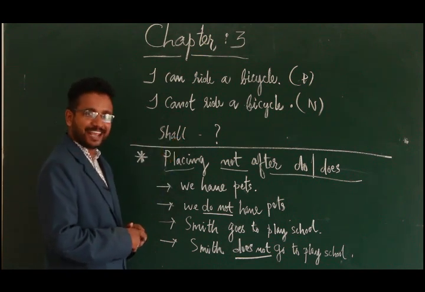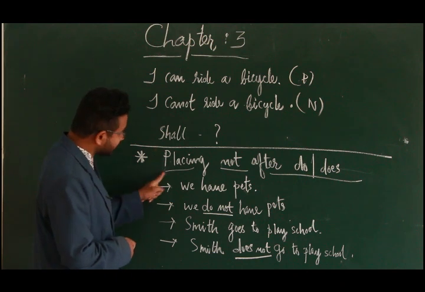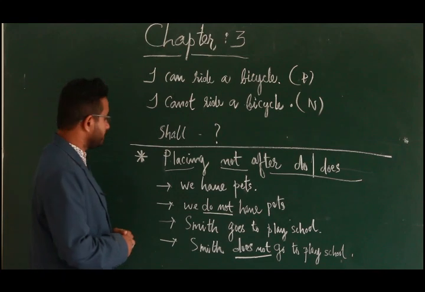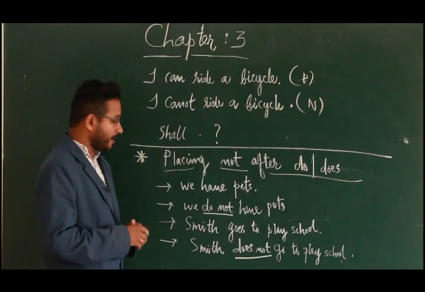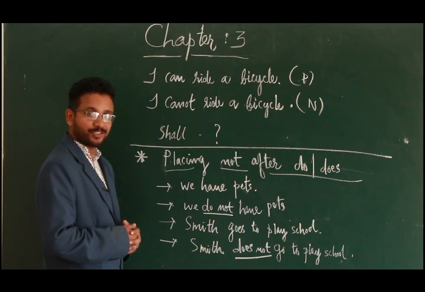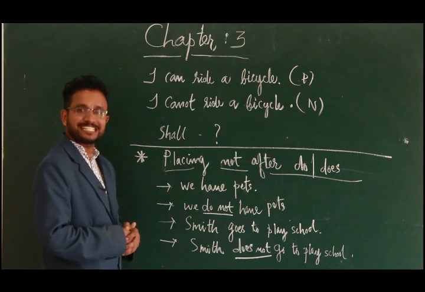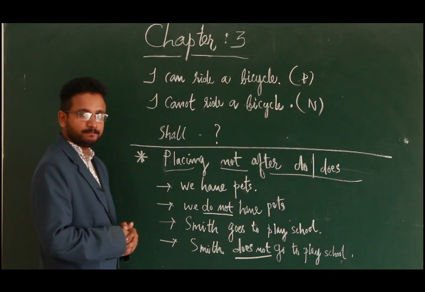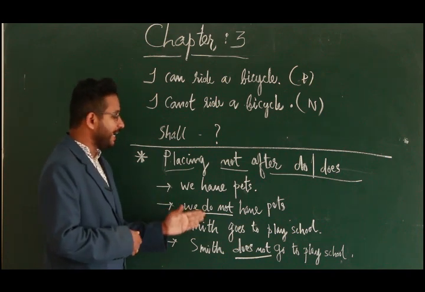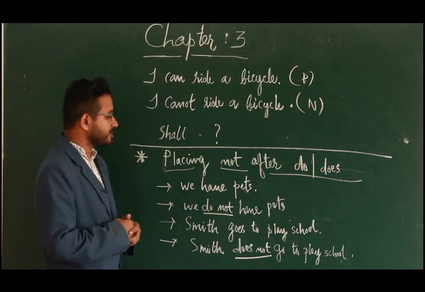Now, let's go to the next rule. Placing not after do and does. First one, we have pets. It's a positive statement. And the negative statement for the same is we do not have pets.